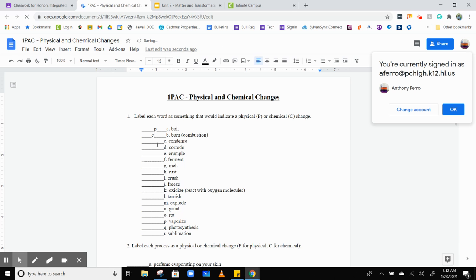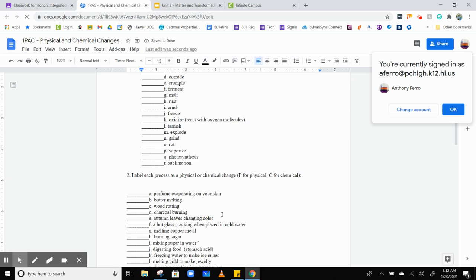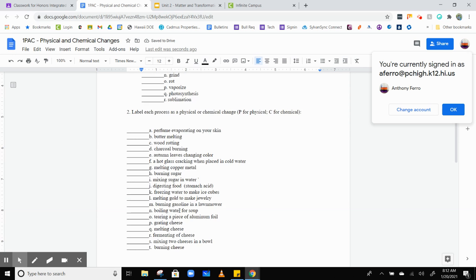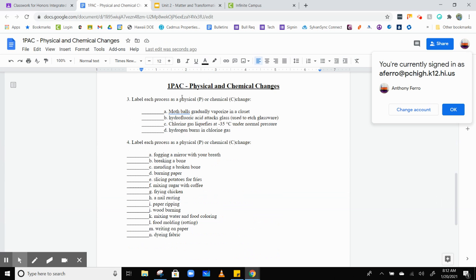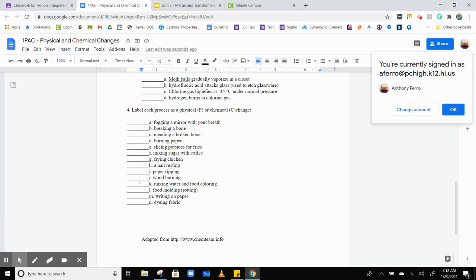You don't have to write out the whole thing, that kind of comes with big pain. So just P or C. Same thing here, P or C. Same thing here, and same thing here.